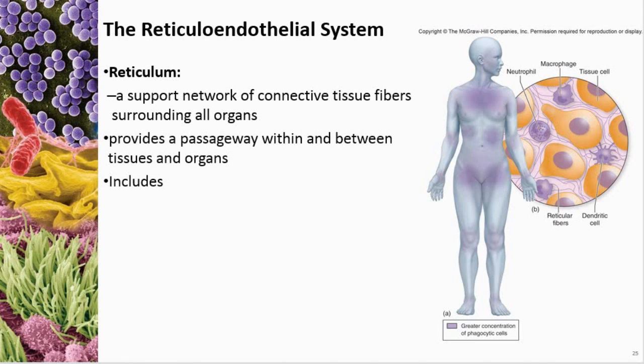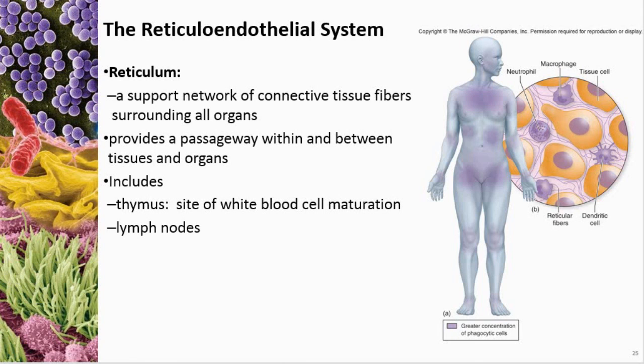So the reticuloendothelial system, and remember I said that these are very closely associated with the lymphatic system, but tissues or organs that are part of this include the thymus, which is part of the lymphatic system. And this is where we have white blood cell maturation or lymphocyte maturation, and not only maturation, also production. We'll get into that later.